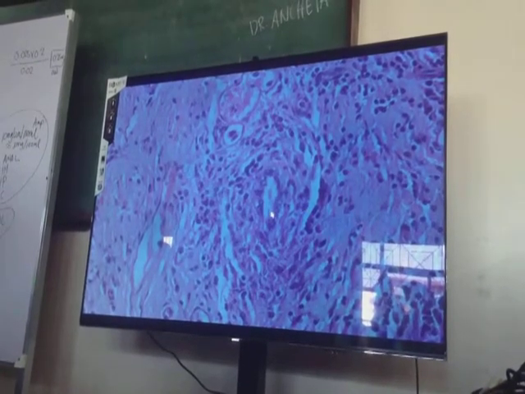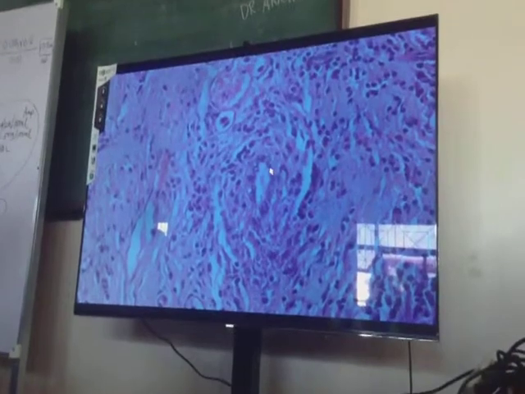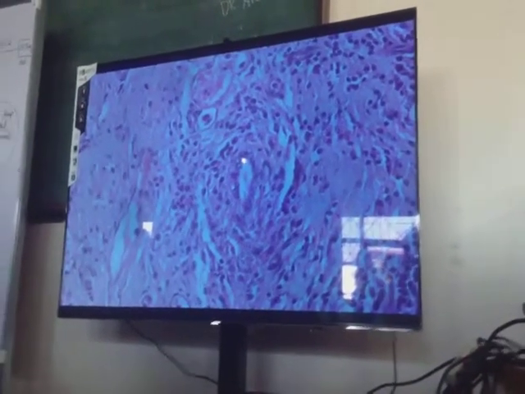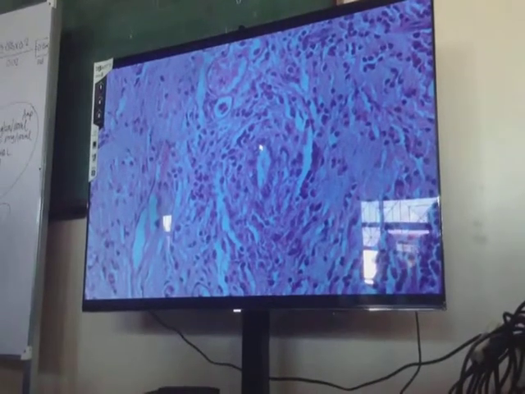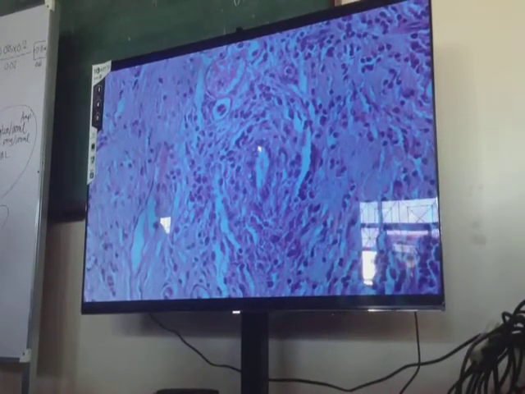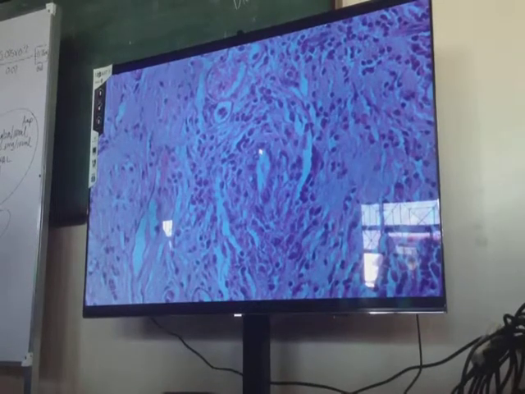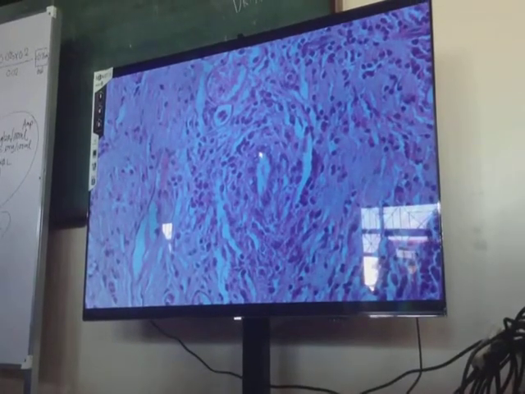So the destruction of the bile ducts in this condition is because of the action of what cell? Among the three cells that we have mentioned, CD4, CD8, macrophages. CD8, very good. What is the other name of that cell?